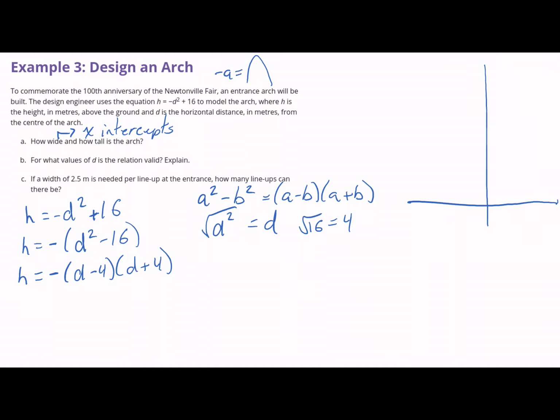So now I can break it up. If we want a height of 0, because we were trying to find our x-intercepts, our height is going to be 0 because we're touching the ground. Then we can say d minus 4 equals 0, or d equals 4. And d plus 4 equals 0, or d equals negative 4. So we've got two options to figure it out.